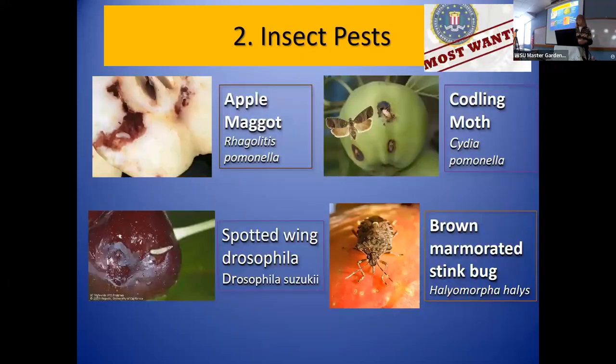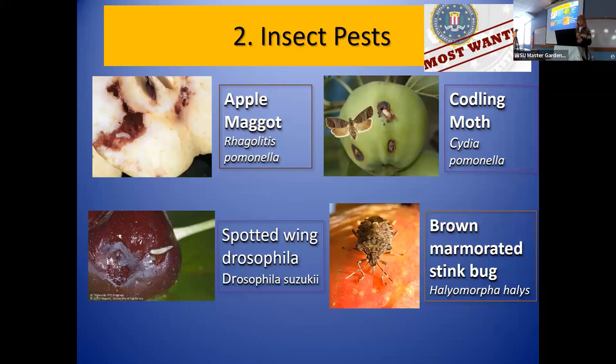So we're going to look at 4 different insect pests, and I spoke with the person at WSDA who just previously ran the pest program, and he identified these 4 pests as the key pests to look at. And when I did research through WSU, they also identified these as the key pests to look at in terms of your fruit trees. So we're going to look at apple maggot, codling moth, spotted wing Drosophila, and the brown marmorated stink bug.